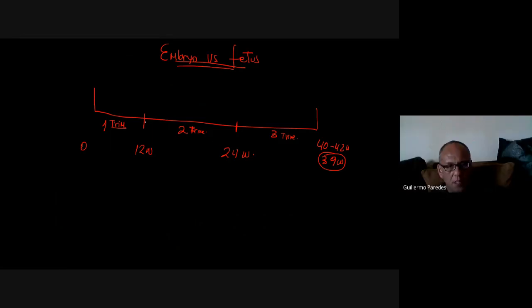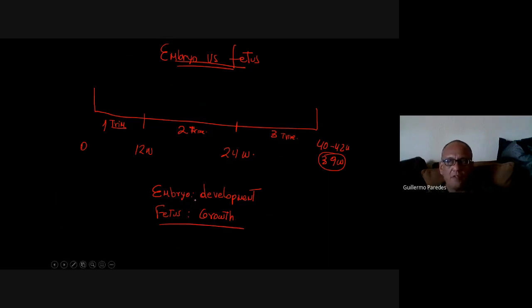Yes. Now, between embryo and fetus, what you need to remember: in the embryo, what is happening is the development, and in the fetus, mostly what happens is growth. In the embryo, the heart starts to beat at 21 days of gestation.